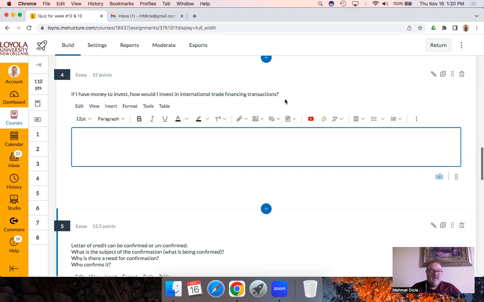Obviously, if I'm doing a site LC, in which case I have to make a payment now and then collect from the importer at a later date, then I have to take collateral to make sure that the importer will actually pay me in X amount of days. But even then, there are the goods that are being imported. I could put a lien on them. If the importer is local, I could take collaterals to make that payment. And so, the possible arrangements can be made so that the risk is minimal.